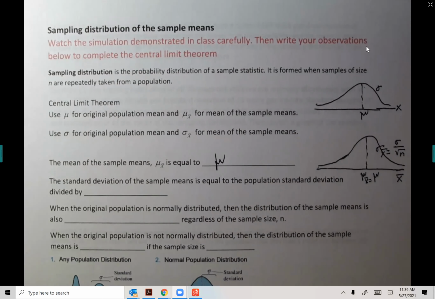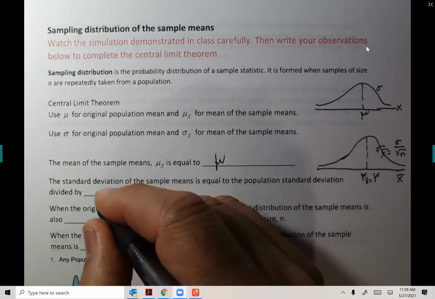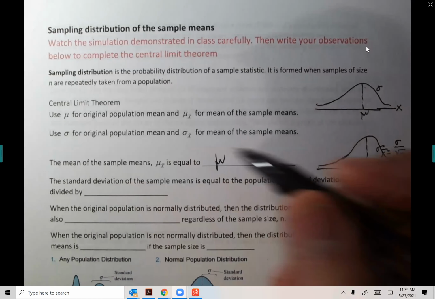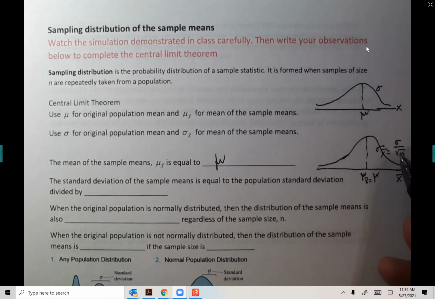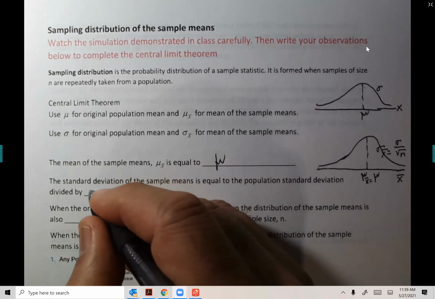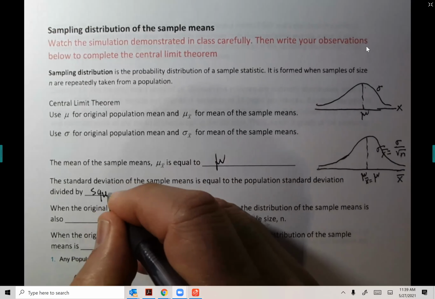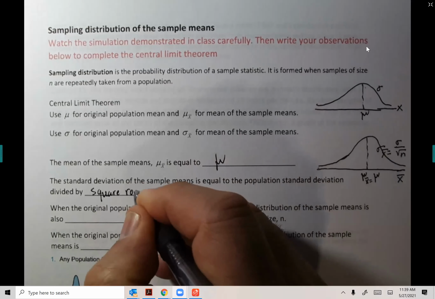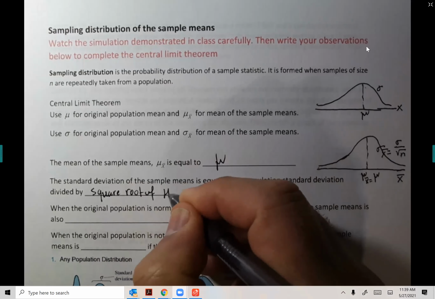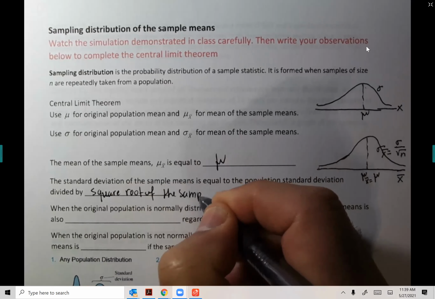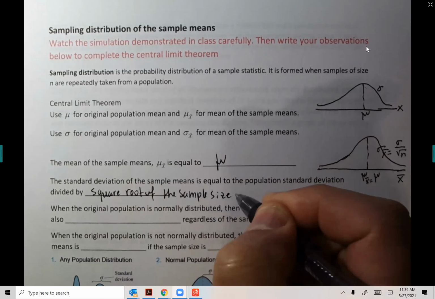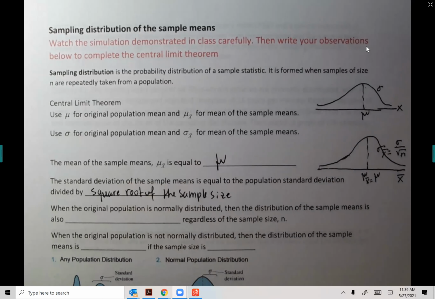The standard deviation of the sample means is equal to the population standard deviation divided by, can someone tell me how do you say that in words? Sigma divided by, how would you say this? Square root of the sample size. That's what we did, guys, and we noticed that our answer matched what the applet showed us.